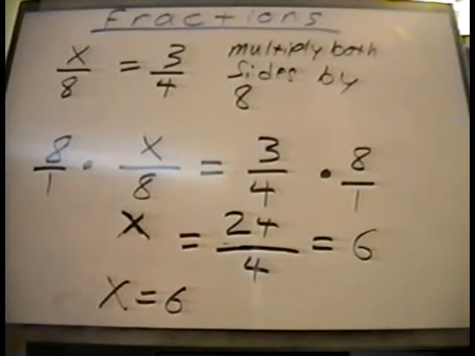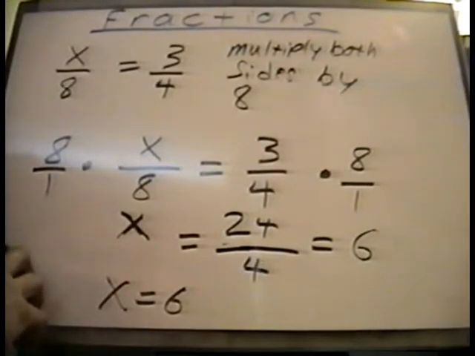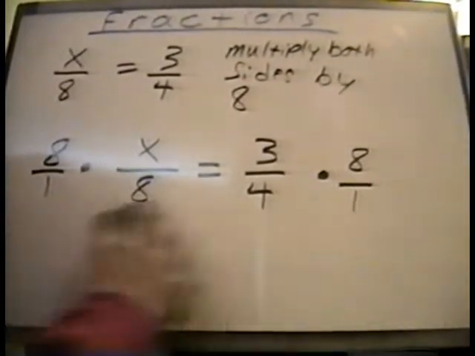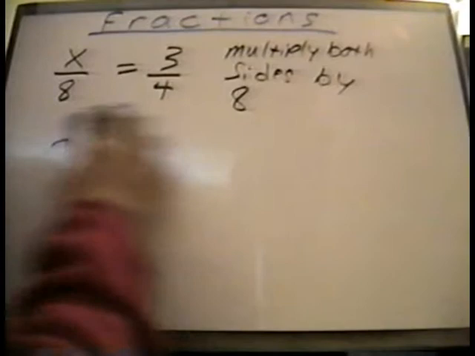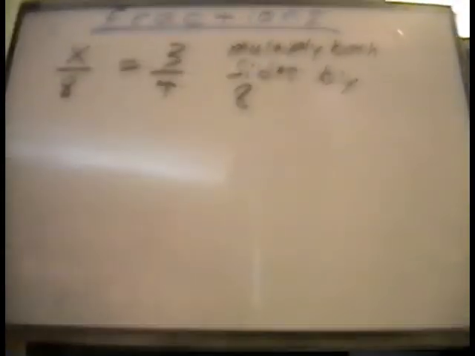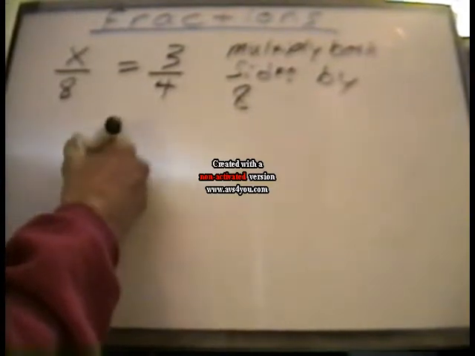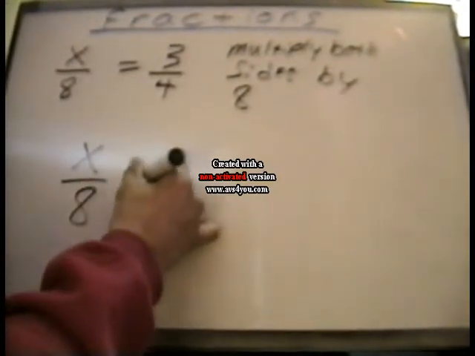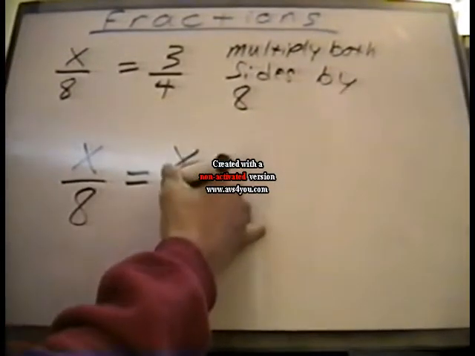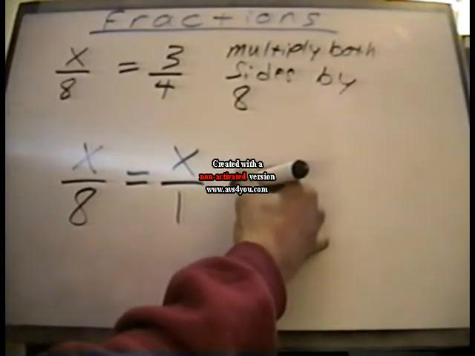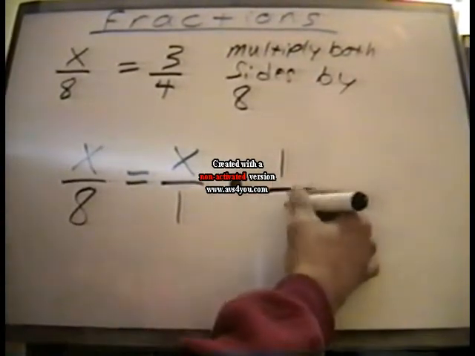Now we cross multiply. We multiply by the reciprocal of 1 over 8. Now let's focus on this term. X over 8, that's equivalent to x over 1 times 1 over 8.